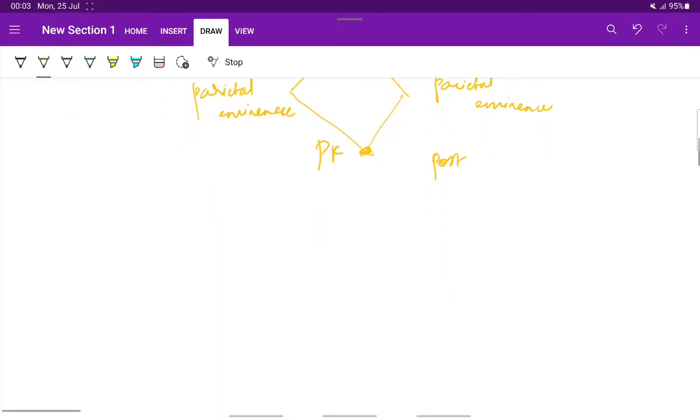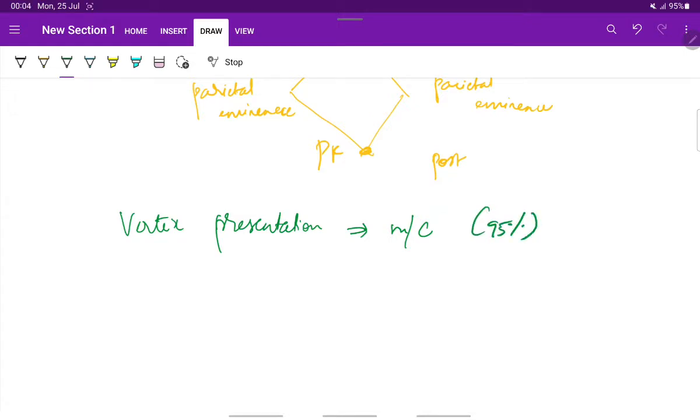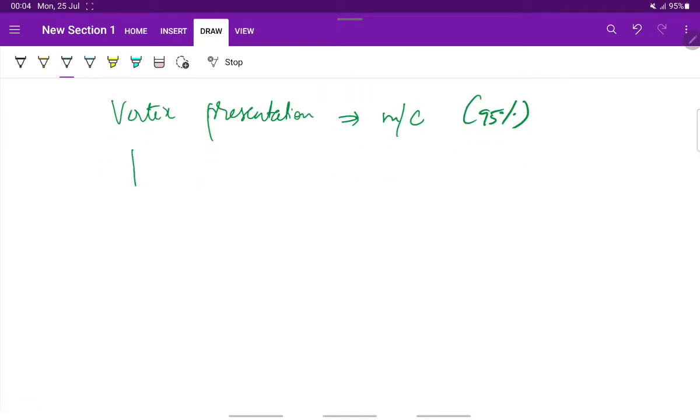In a normal labor, at the onset, the vertex presentation is the most common type, in about 95%. And the most common position is the left occipital transverse position.